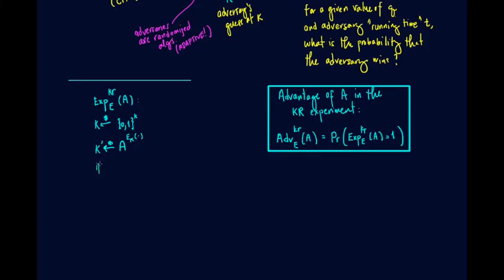If K prime equals K, then return 1. Otherwise, return 0.